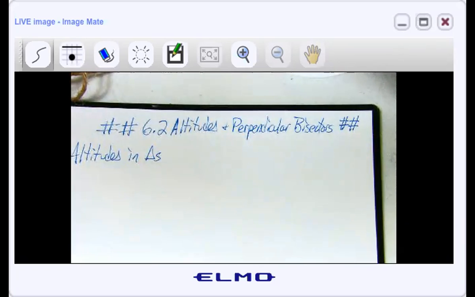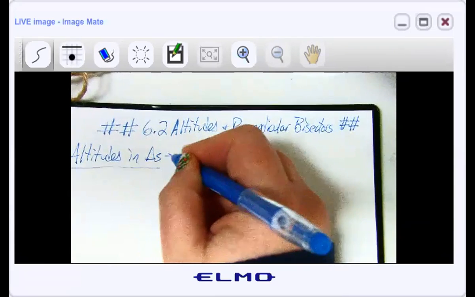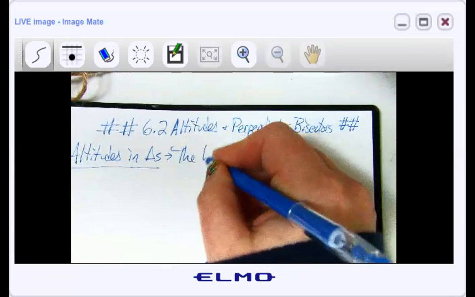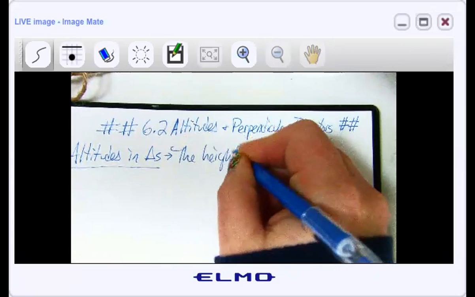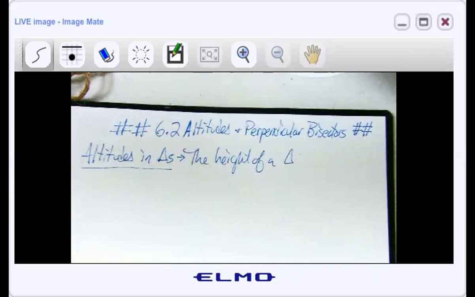Yes, height. Right? So if you are flying in a plane, they talk about the altitude, and that's how high you're flying. So altitude, I really want you to associate that word with the word height, okay? Altitudes in triangles are basically the height of a triangle. Now, here's what it has to do, okay?